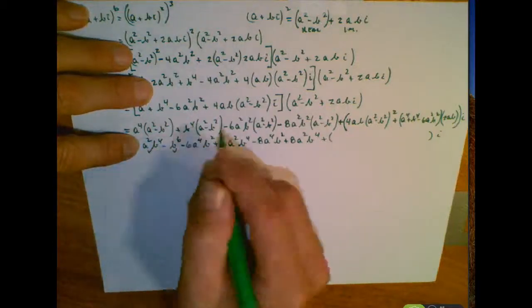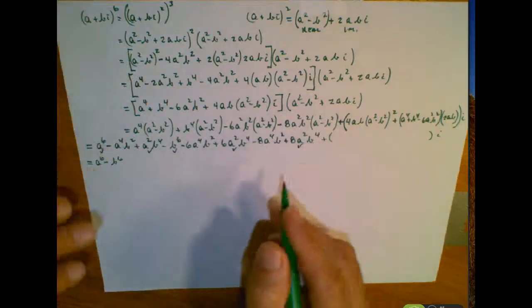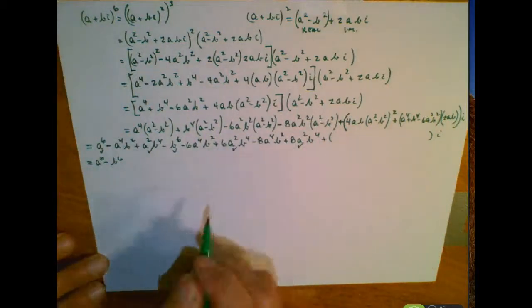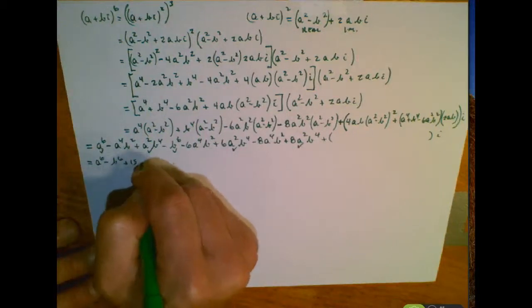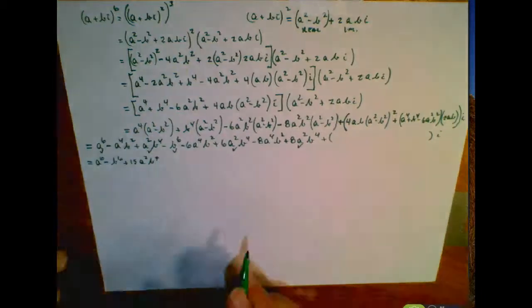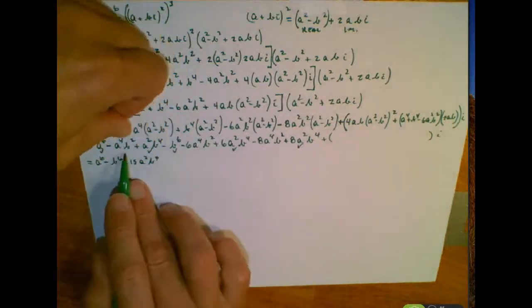So I'm going to put a check mark here, and a check mark here. 1, 6, and 8 is 15 of them. Plus 15 a squared b to the 4th. Okay, so now I look at how many a to the 4th b squareds I have.